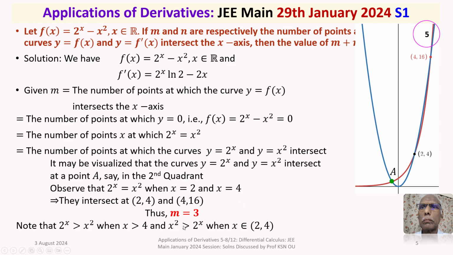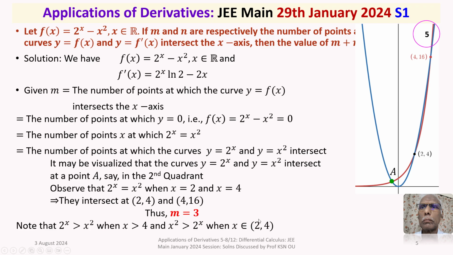And x square is greater than 2 power x for x belongs to 2 to 4. For x belongs to 2 to 4, the polynomial x square curve lies higher above the exponential curve in this interval. And the exponential curve grows faster after 4.